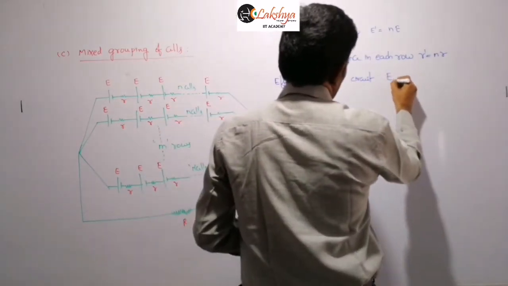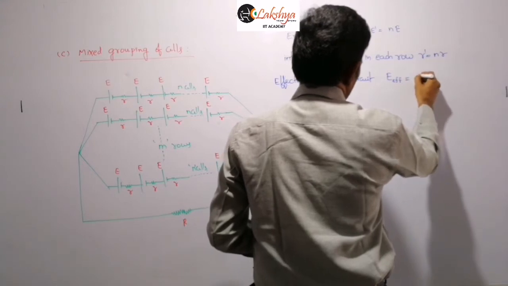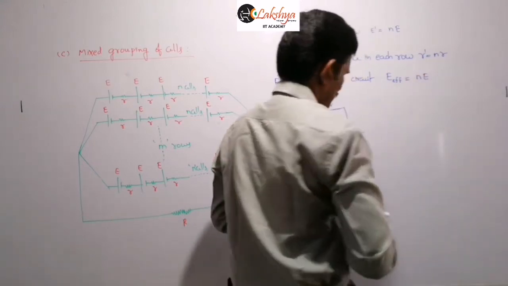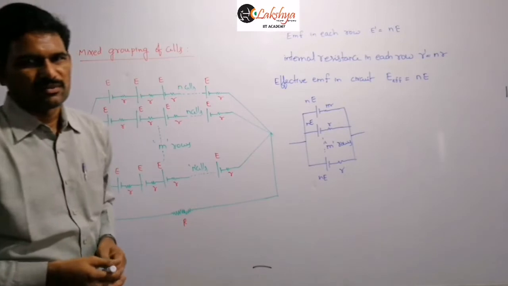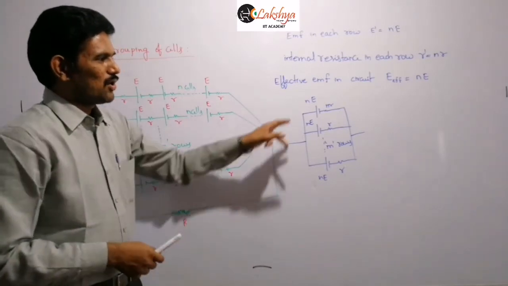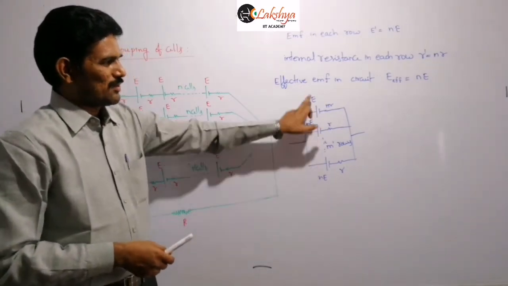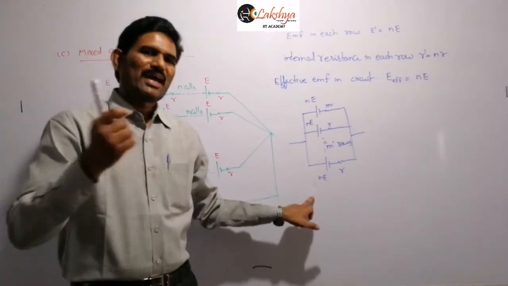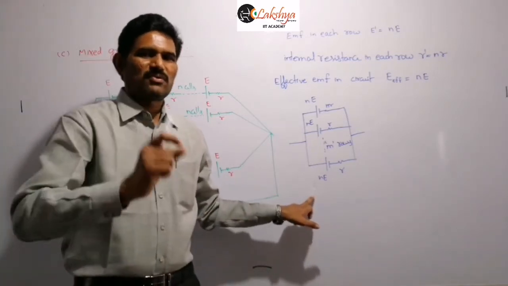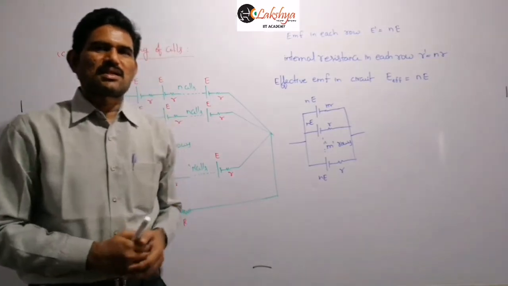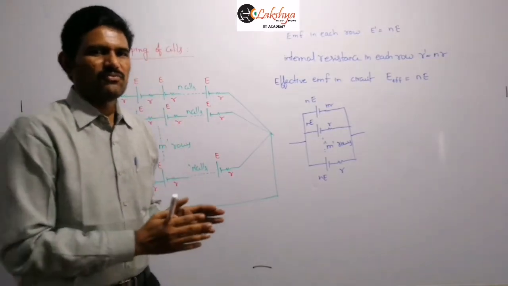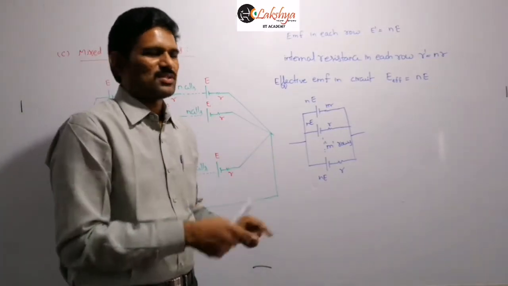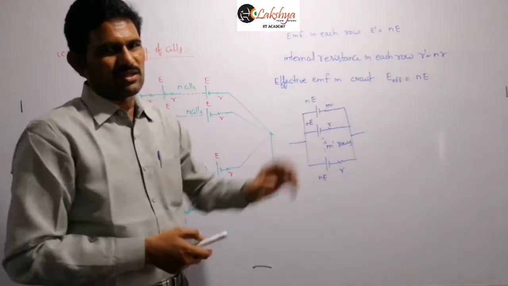Therefore, E effective is equal to n times E. Is it clear why it is nE? M identical cells, each of EMF nE, are connected in parallel. When identical cells are connected in parallel, the effective EMF will be equal to the EMF of a single cell. Now a single cell is nothing but nE, right?